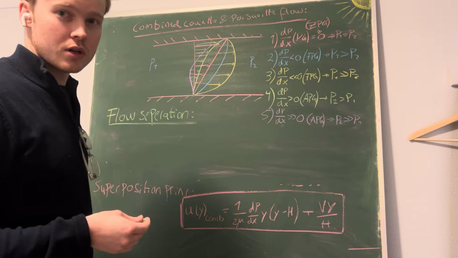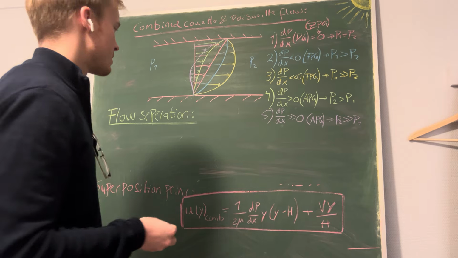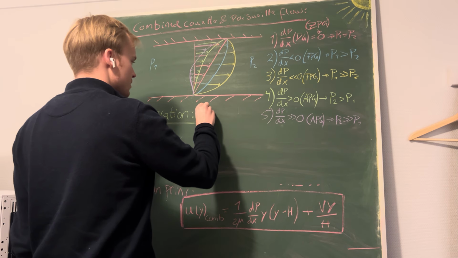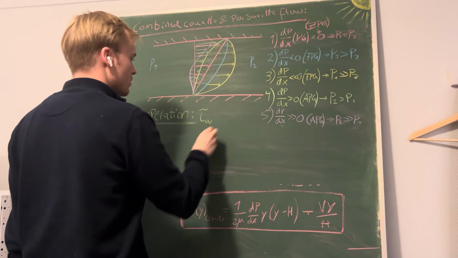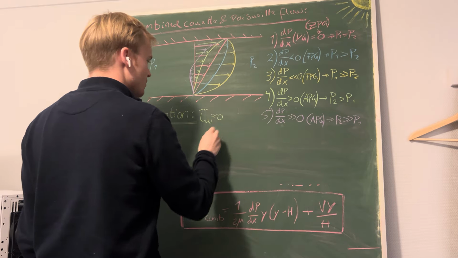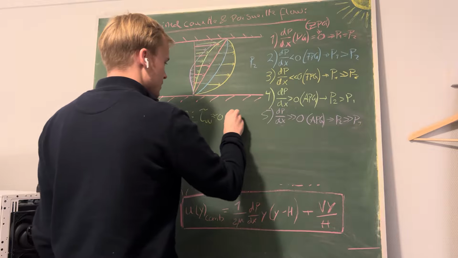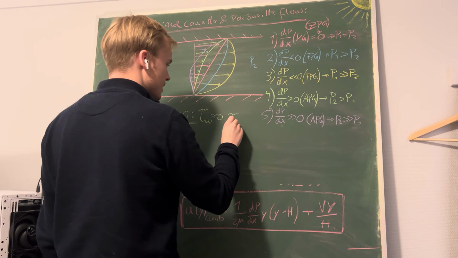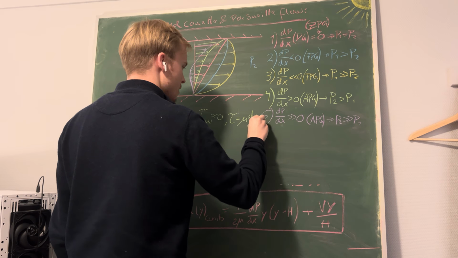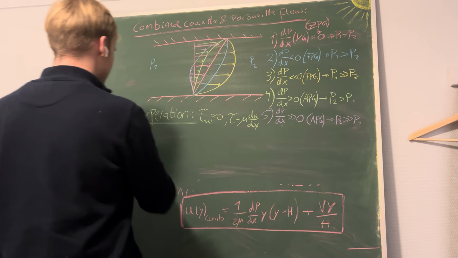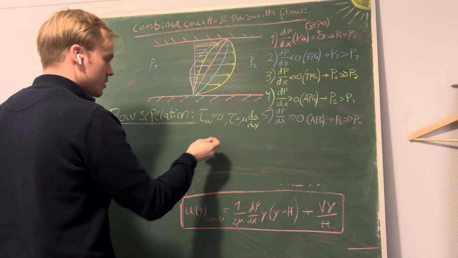We have a good understanding of this and a good law for when you can tell that the flow is separating. We say that the flow is separating when the shear force at the wall becomes 0, or very close to 0 at least. And we know from Newton's law of viscosity that tau is mu du/dy, and mu is a constant.